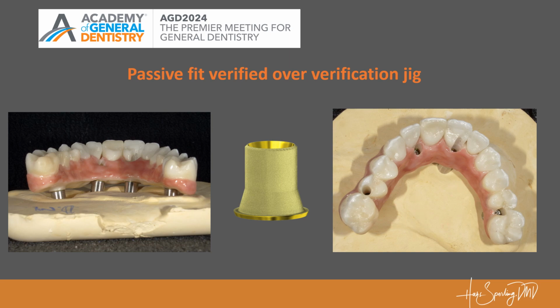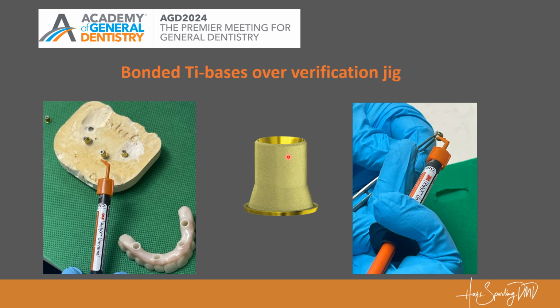And once we get that, then we can bond our tie bases in place. And I like to use the Reliax from 3M to bond it, and I use the Circumbrite from Bisco to prime my zirconium for bonding. So I do bond tie bases.